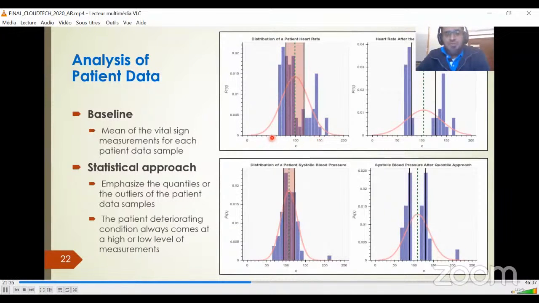So we isolate all observations in the first and the fourth quantiles, and we come up with new samples. We call it the modified sample. In the modified sample, we calculate again the standard deviation and the mean. Also, we count how many observations, and we'll use all of these three as input to our model.